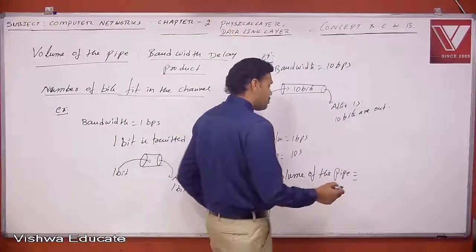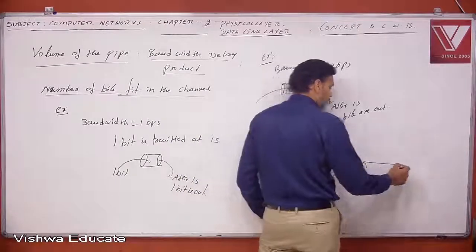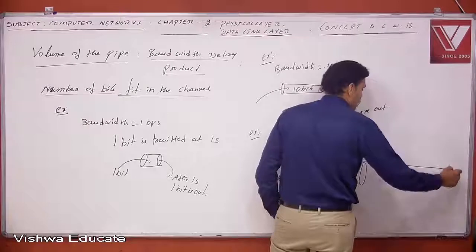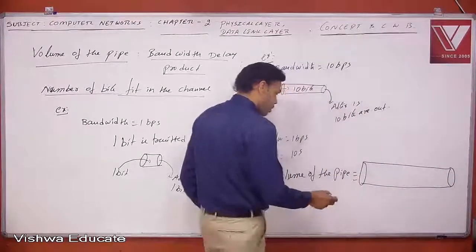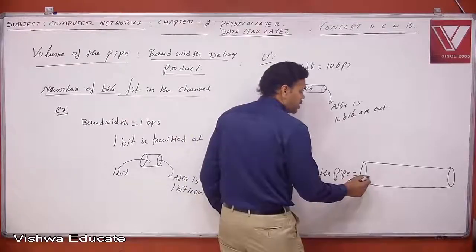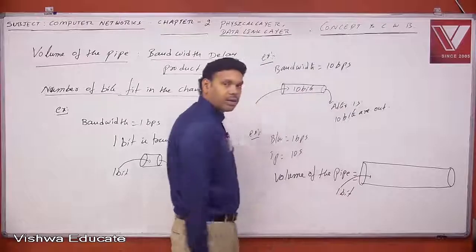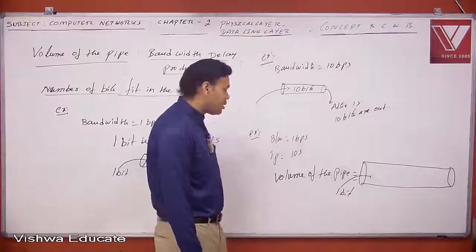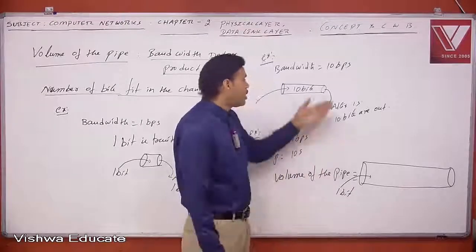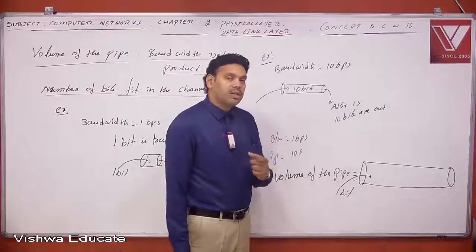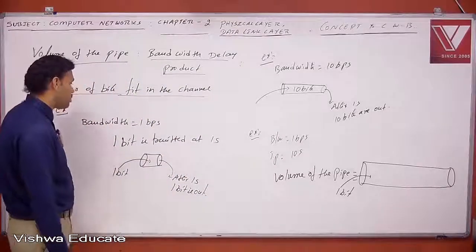The volume of the pipe is nothing but you take one pipe, the sender inserts 1 bit, and how much time does this bit take to come out? 10 seconds. But earlier, within 1 second the bit was coming out.